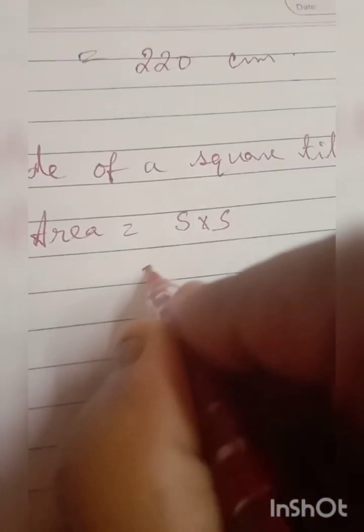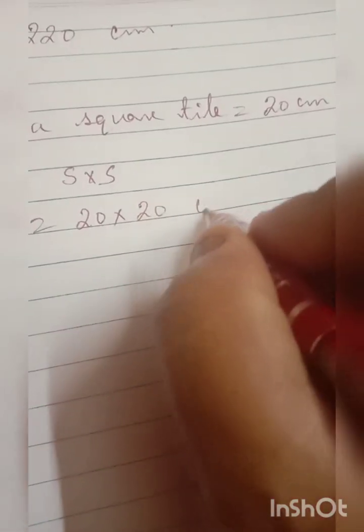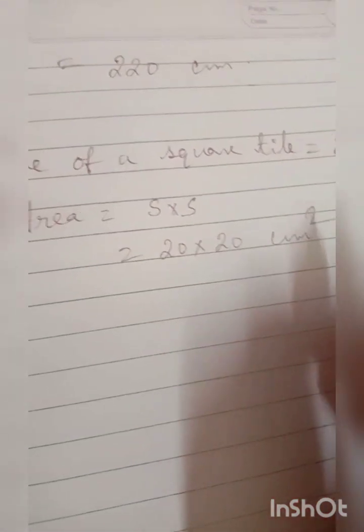Side of a square tile equal to 20 centimeter. Area equal to side multiply side, that is 20 multiply 20 centimeter square.